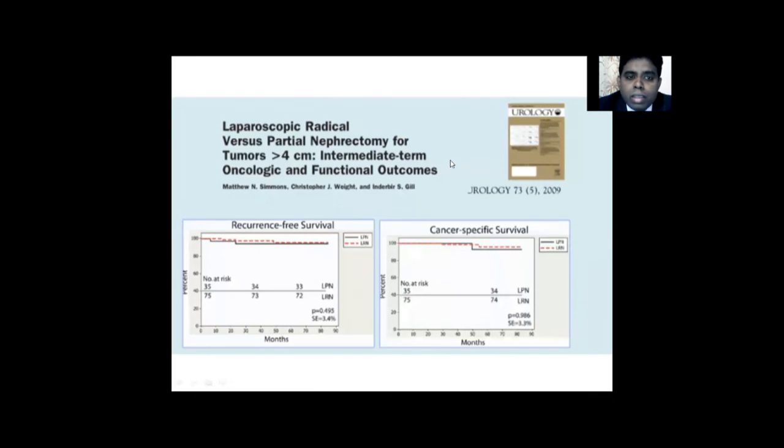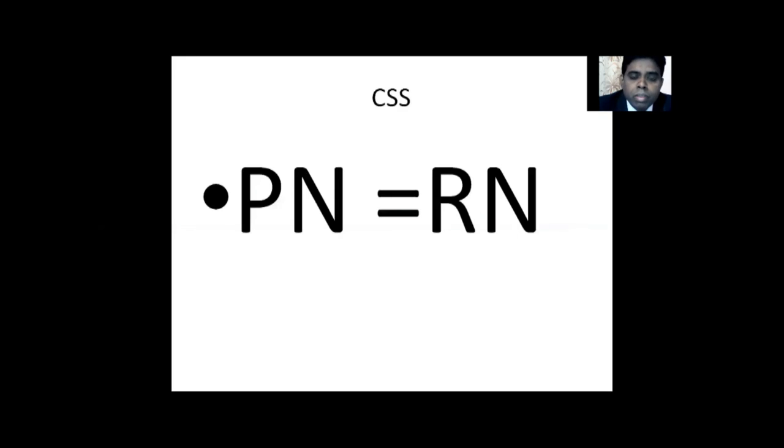This study indicates that cancer-specific survival and recurrence-free survival are the same or almost similar in nephron-sparing surgery and radical nephrectomy. So when we consider cancer-specific survival, partial nephrectomy and radical nephrectomy are the same, and partial nephrectomy is an oncologically safe procedure.